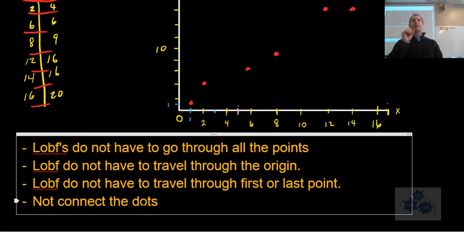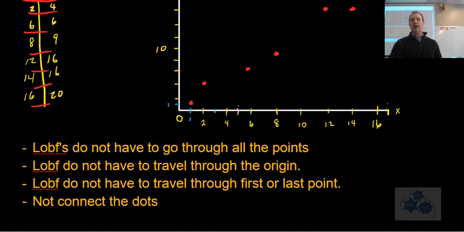Now, when we're talking about a line of best fit, that is a straight line. Now, there could be a curve of best fit, which is a smooth curve that might pass through most, if not all, the points. But in a line, oftentimes, the line does not go through all the points. The line of best fit does not have to go through the origin. It might go through 0, 0, but it does not have to do that.